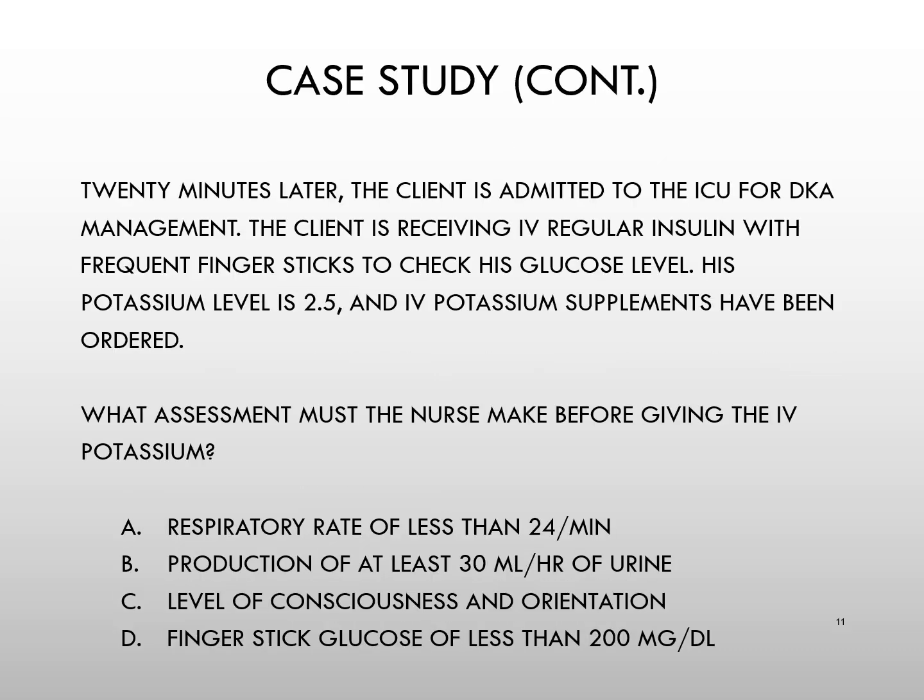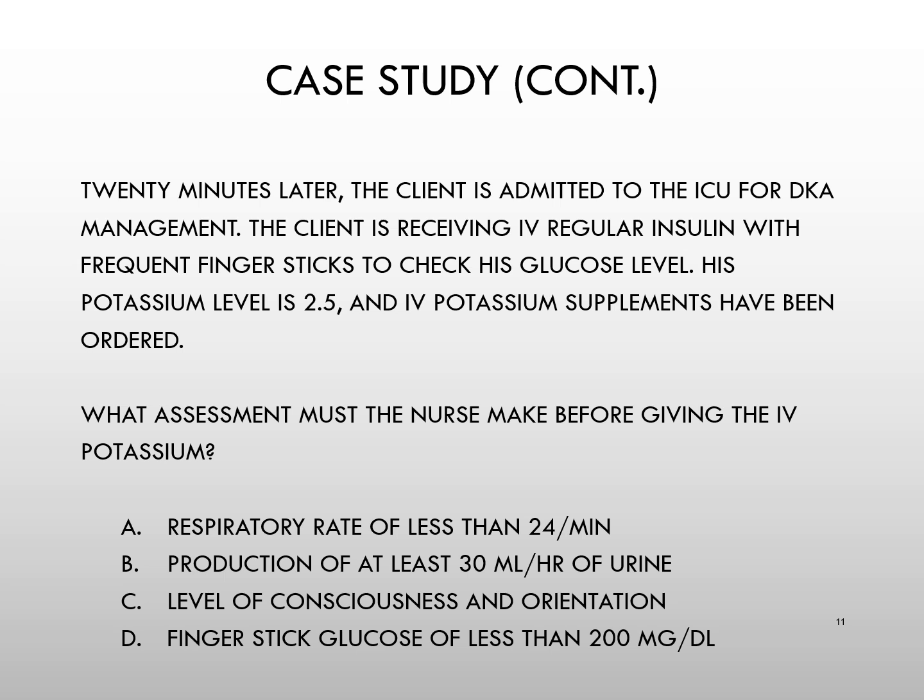20 minutes later, the client is admitted to the ICU for DKA management. The client is receiving IV regular insulin with frequent finger sticks to check his glucose level. His potassium level is 2.5 and IV potassium supplements have been ordered. What assessment must the nurse make before giving the IV potassium?